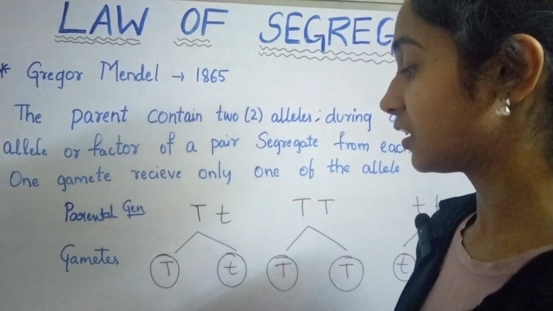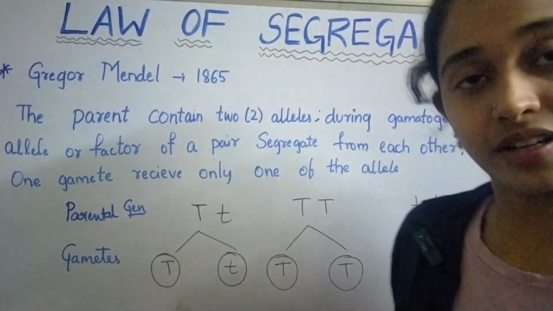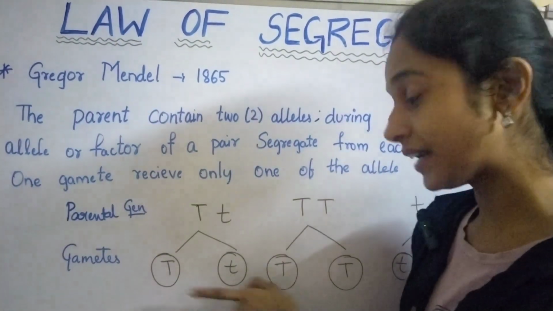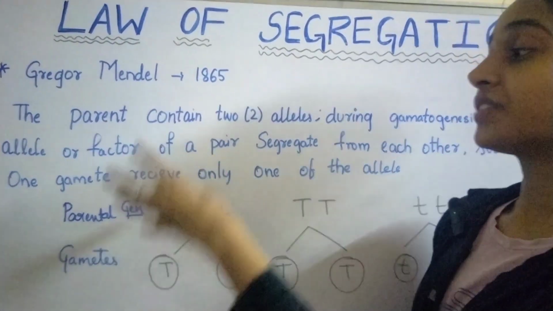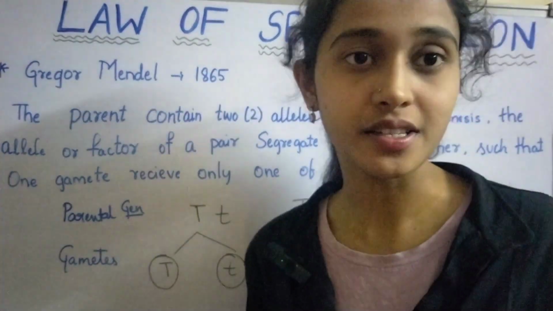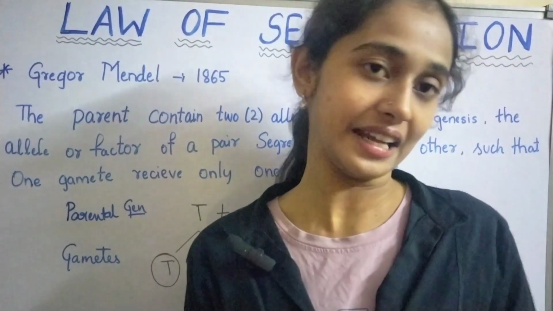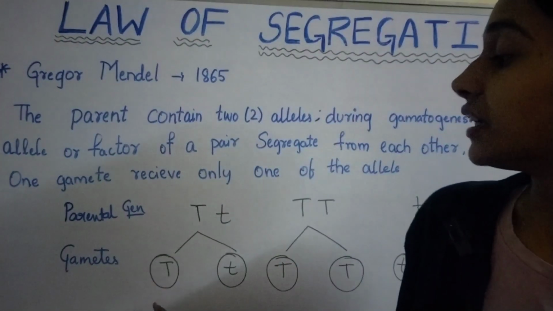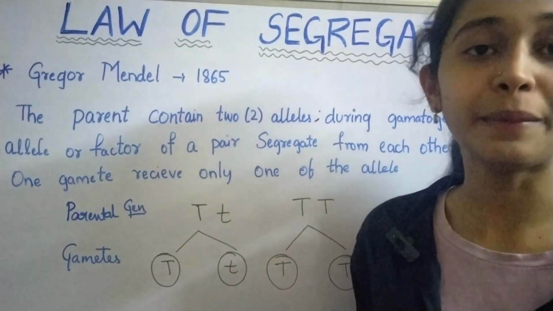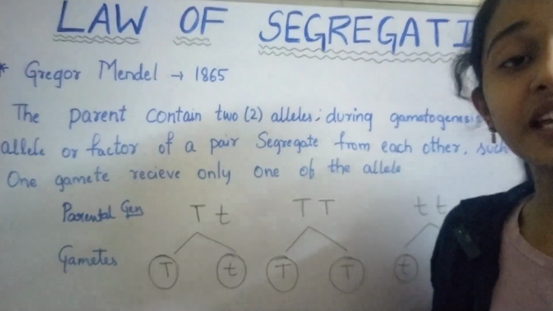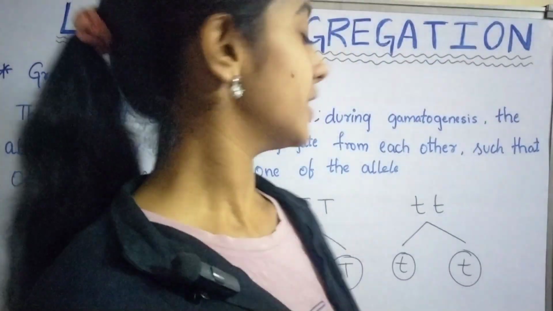such that one gamete, this is the single gamete. There are two gametes here. This is one gamete and this is the other gamete. So one gamete receives only one allele. That is, here this gamete has received capital T and this gamete has received small t.